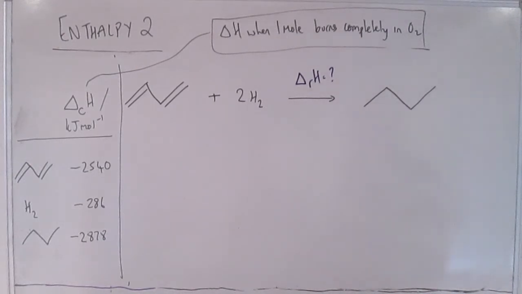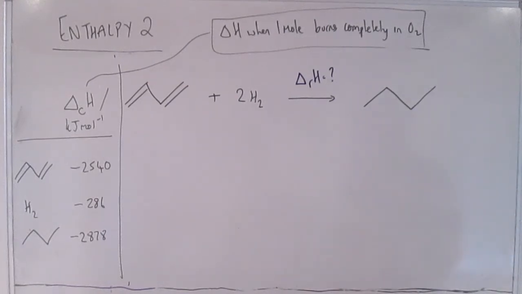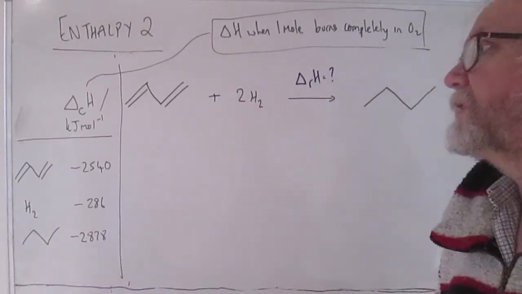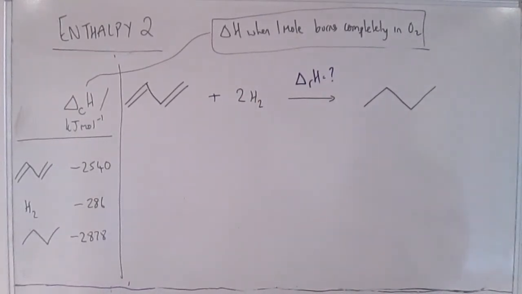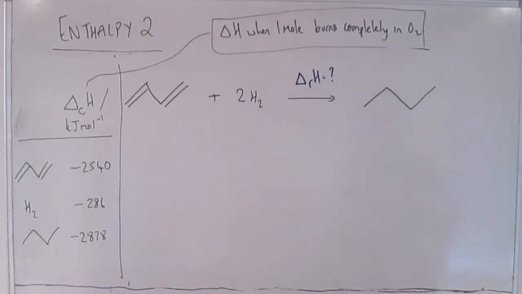So again, we're going to combine them by having a 2-stage pathway like this, but what goes in the middle is not going to be elements this time, because when combustion happens you don't get the elements. What happens when you burn these compounds is that you form carbon dioxide and water.